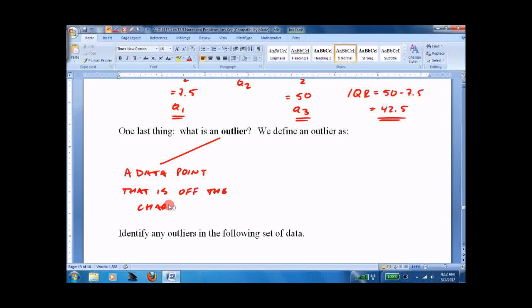An example would be if I gave a test and the range of scores was from 76 to 100, but one person got like a 22. Clearly, an outlier is something where there's something wrong with that person, not so much the class because everybody else did okay. What's wrong with this one person? Did they have a bad day? Did they not understand the test? Did they not speak English? Who knows?